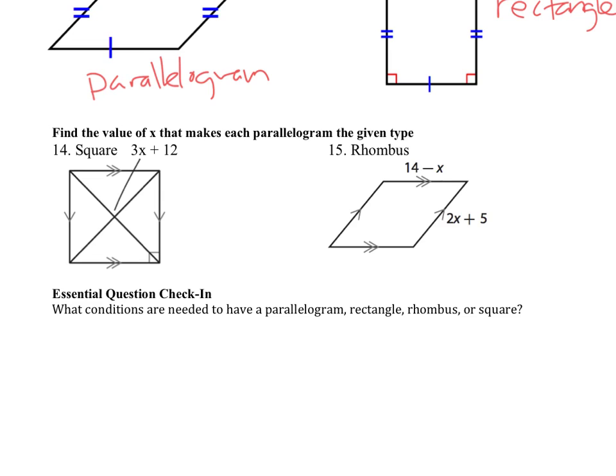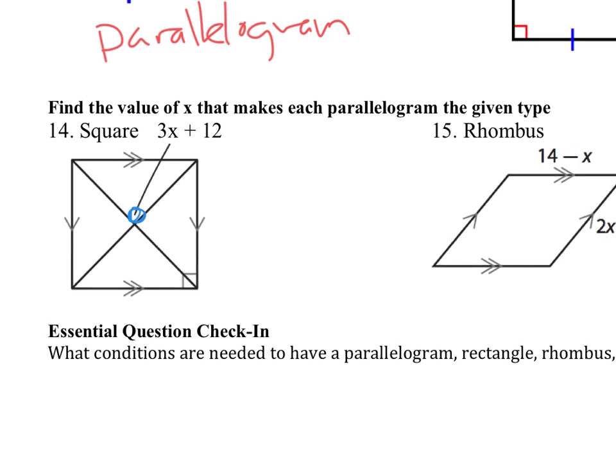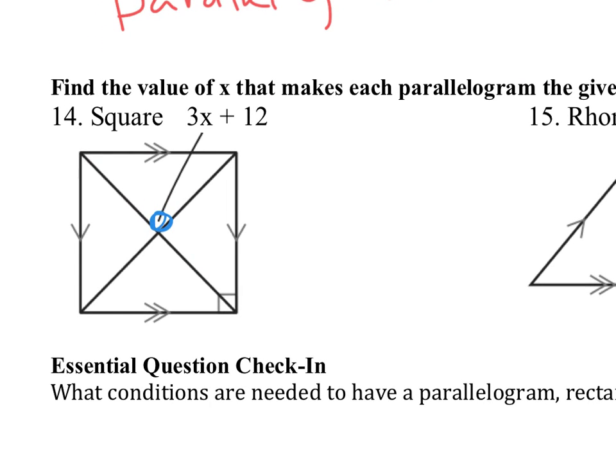Now for numbers 14 and 15, find the value of x that makes each parallelogram the given type. This is pointing towards this angle right here. And if I want that to be a square, that angle needs to be 90 degrees.